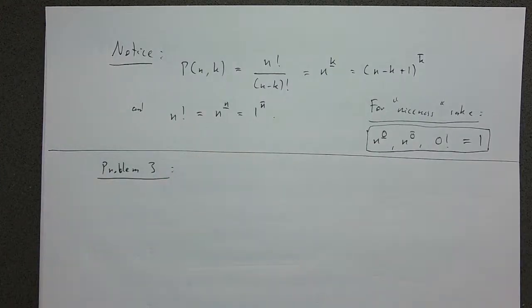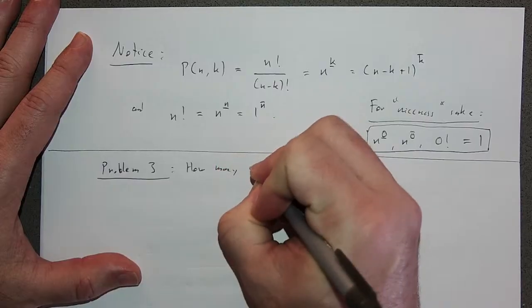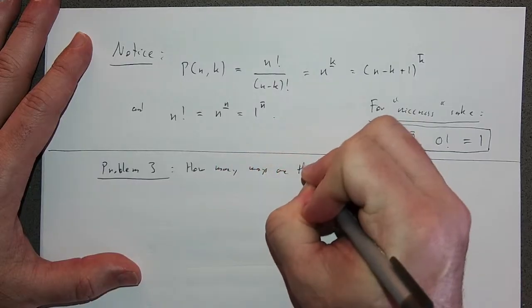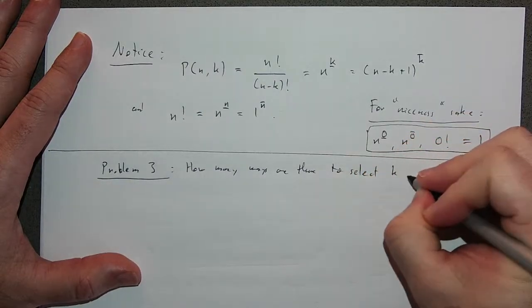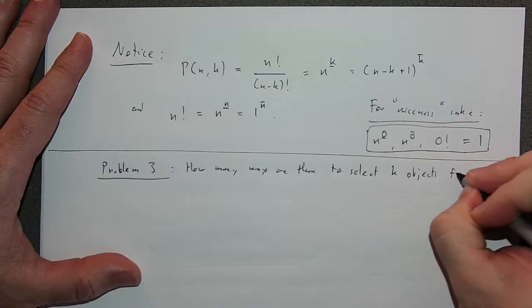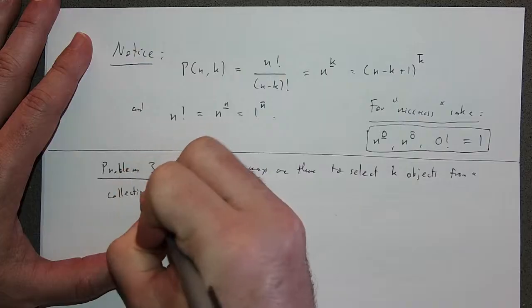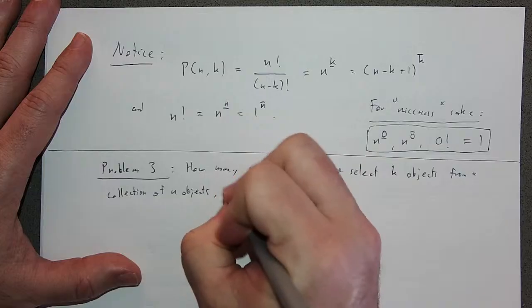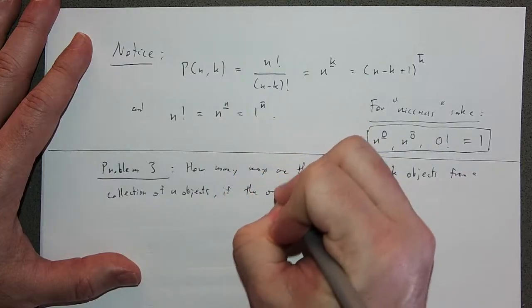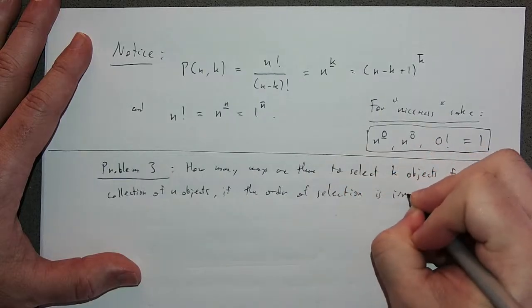How many ways are there to select k objects from a collection of n objects if the order of selection is irrelevant?